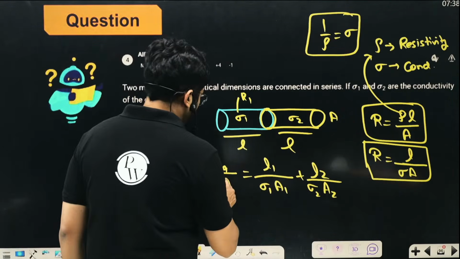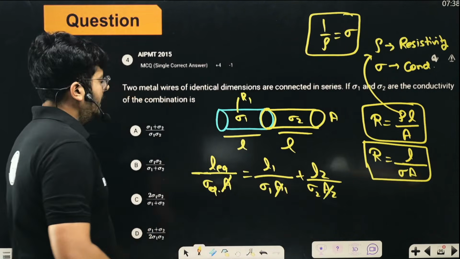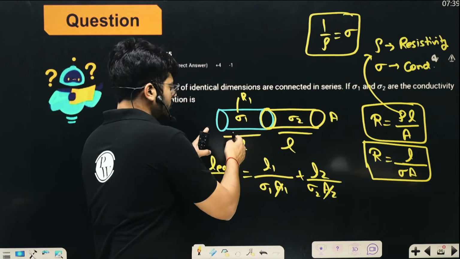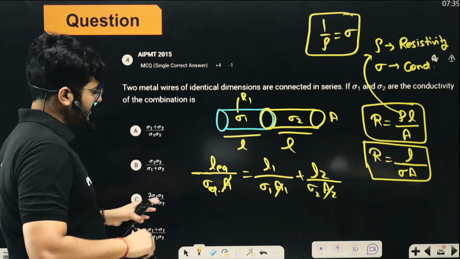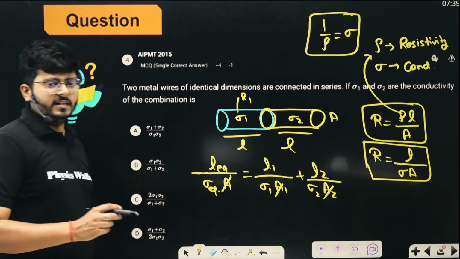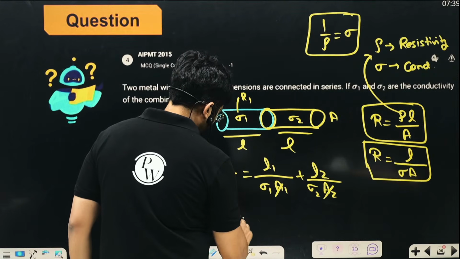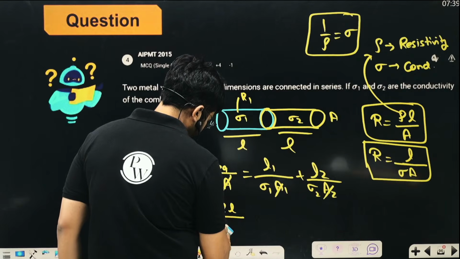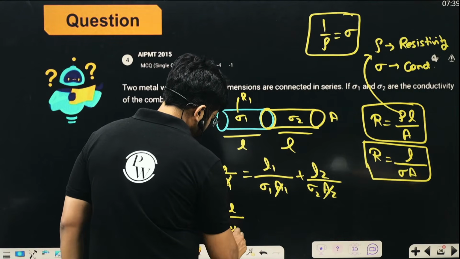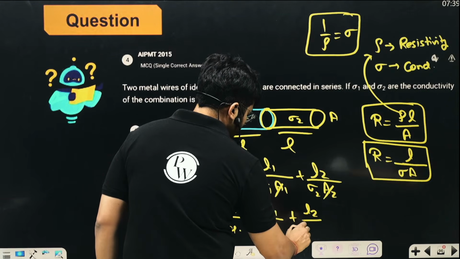So what is really happening: the cross sectional area is the same everywhere. Now the effective length right now is twice the length, 2L, so we can just add it up. So this is 2L upon equivalent sigma equals L1 upon sigma 1 plus L2 upon sigma 2.